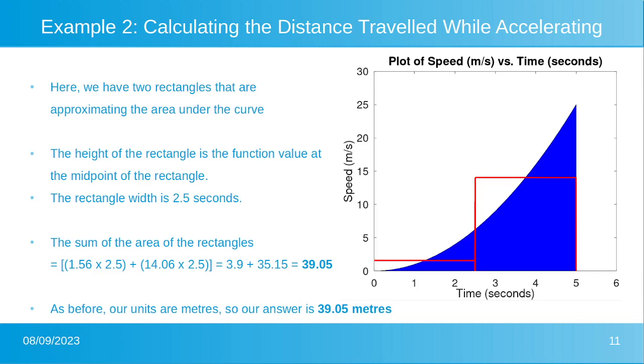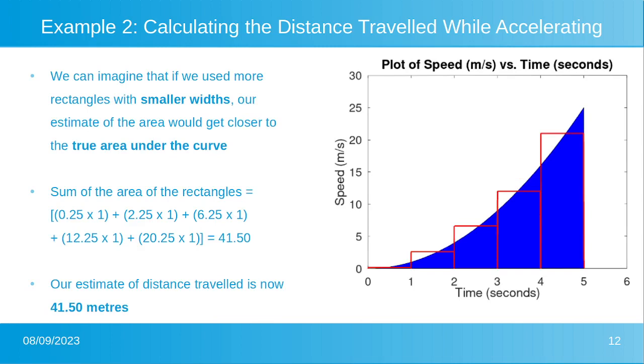Now, as before, our units are meters, so our answer is 39.05 meters. So our estimate of the distance traveled by the car by approximating the area under the curve with two rectangles is 39.05 meters.